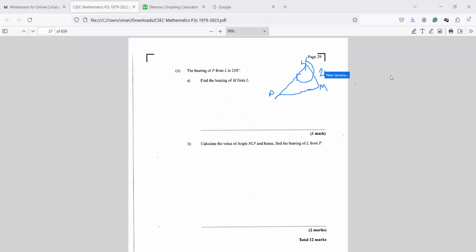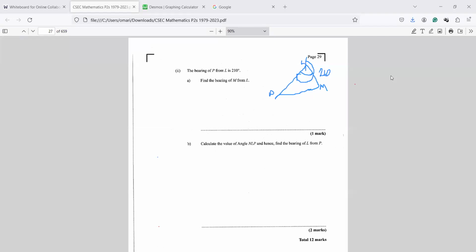The question asks us to find M from L. So again, we're starting at L, but we're not going all the way to P. We're stopping right here at M. So if we're being told that this entire section is 210, and we just calculated this little part here, we already know the answer to this question.